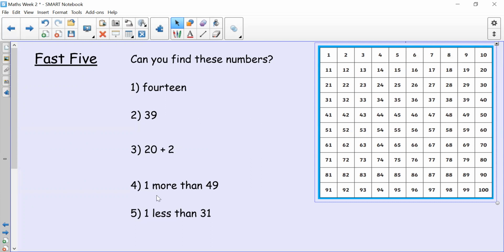Then number four, have a read of what this says, work out the number and find it. And then number five, again, read what that says there and then find the number on the 100 square.